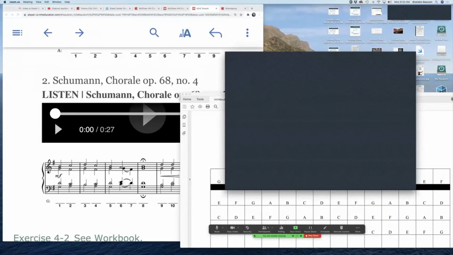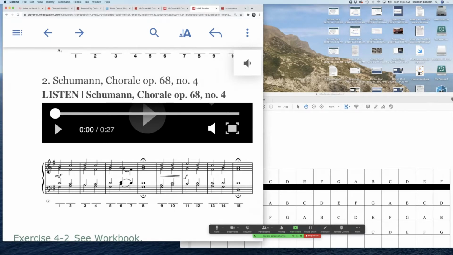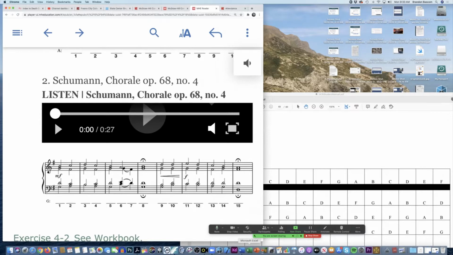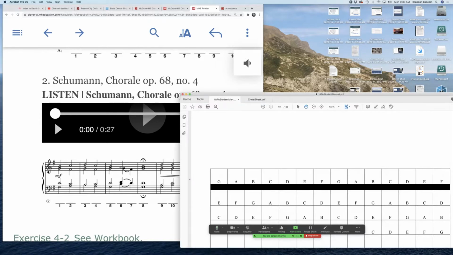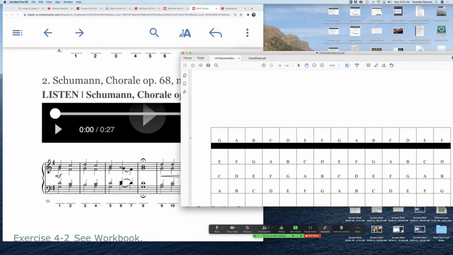All right, so the example that I want to look at is in G major. I'm going to share my desktop with you. Okay, can everybody see that? So G major is our one chord. A is our two.